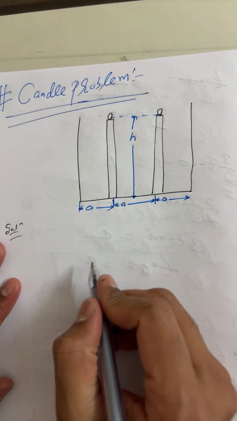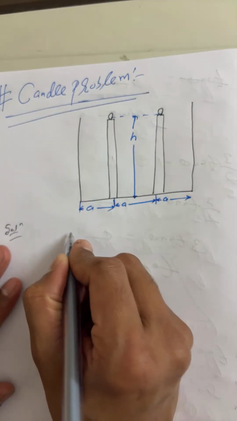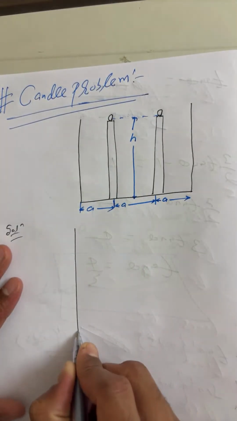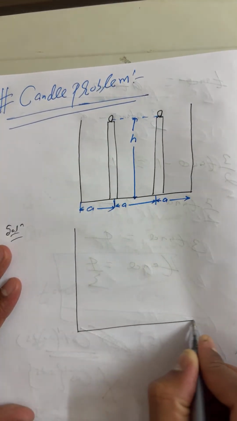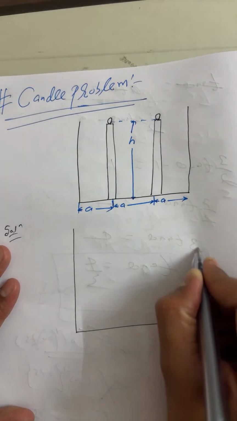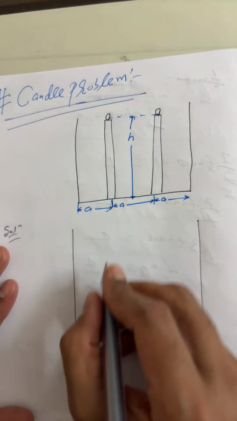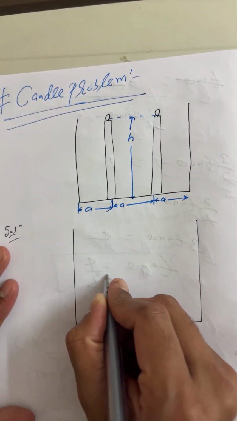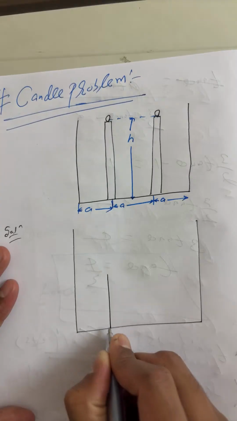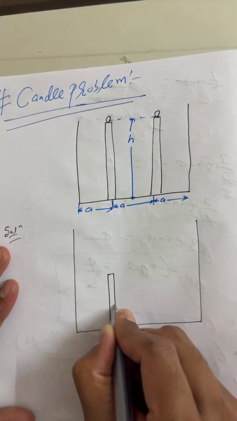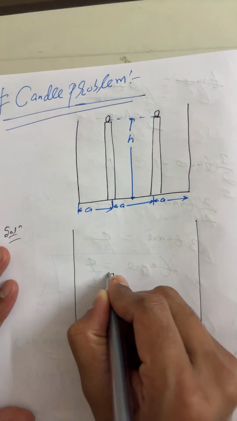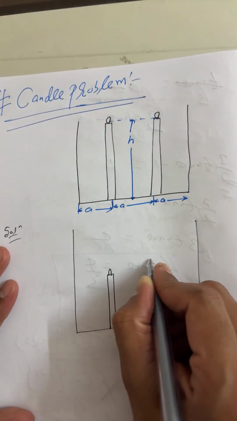So for this condition, you can make one more diagram for understanding. You can analyze this candle here, which falls like this. This is the candle, another candle there.